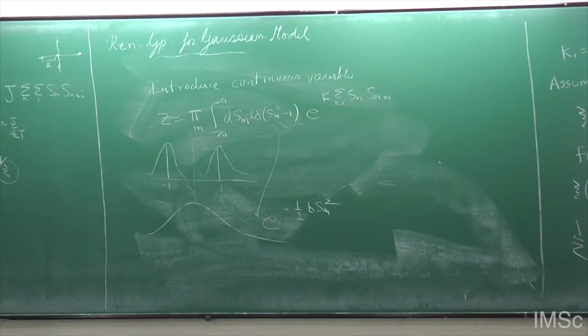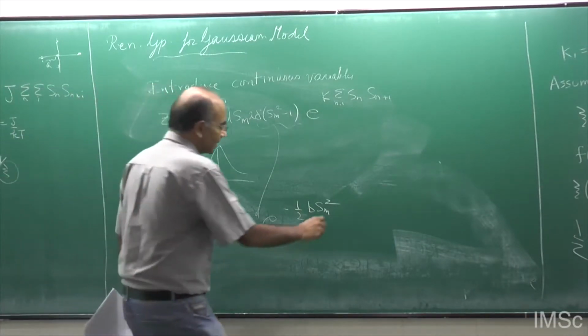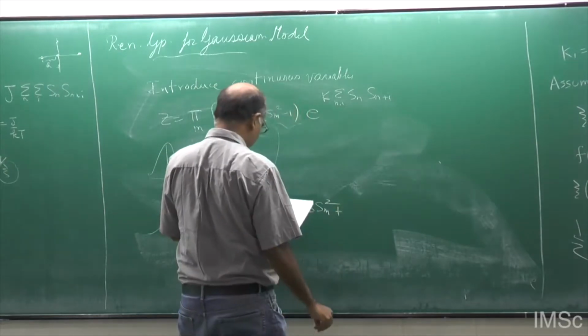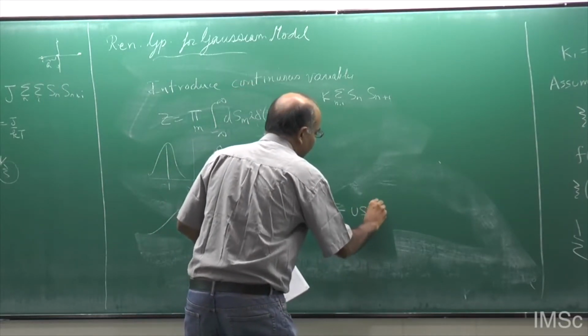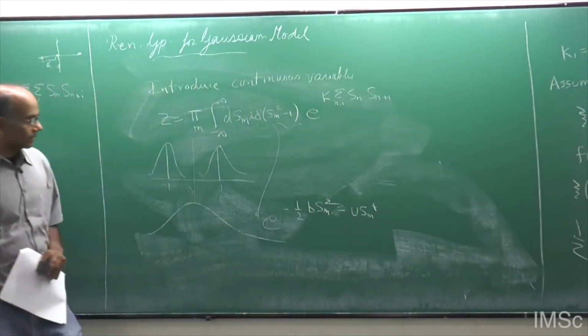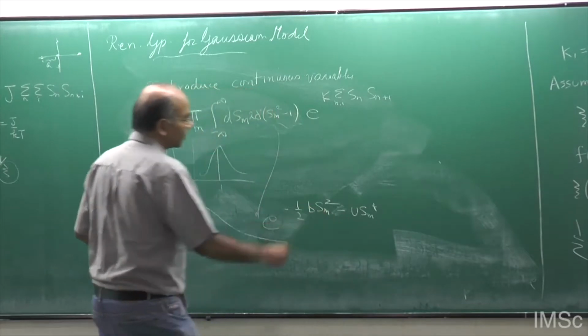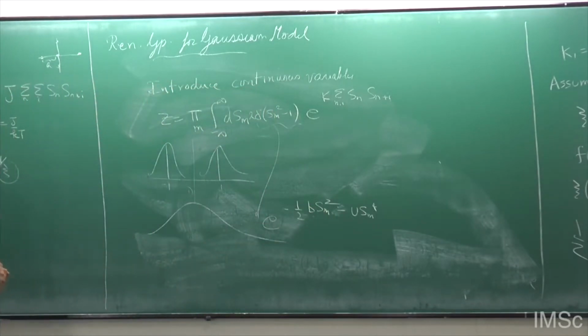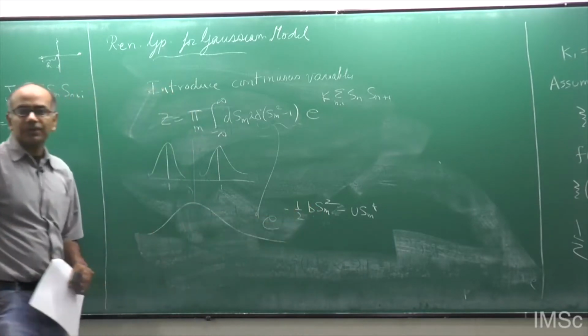But we modified it. You can modify this model later on by adding something like this with some sign. This can be further modified to this, and in some limit where b and u become large, you can reproduce a delta function using this.